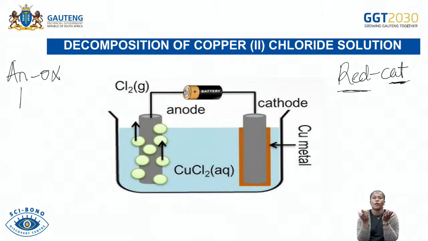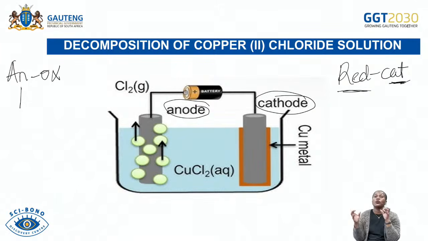How do you identify, if you're not told, for example, if these two were not written in here, which one is which? How would you know this one is an anode and this one is a cathode? Let me write it like this, for you not to be confused for now.